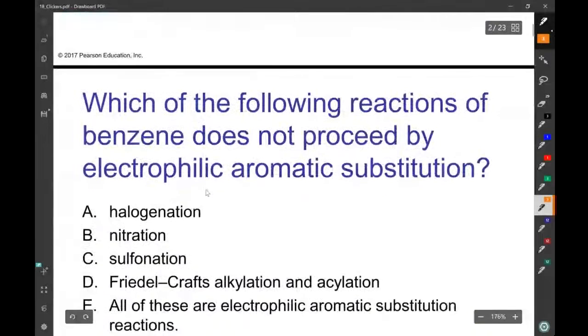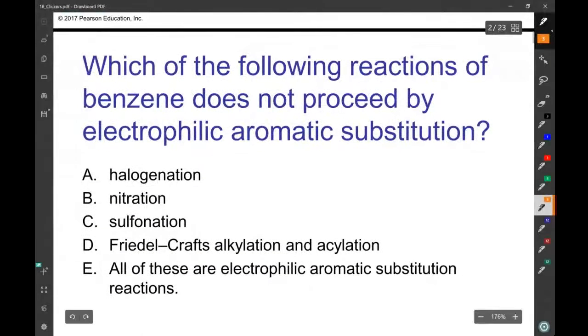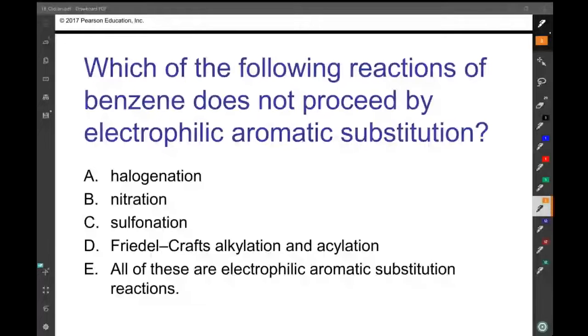Okay, Dr. Zika, yes. Just for clarification, for the reactions, we're expected to know the intermediates used and the product formed. We're expected to know not the mechanism per se, but the process.